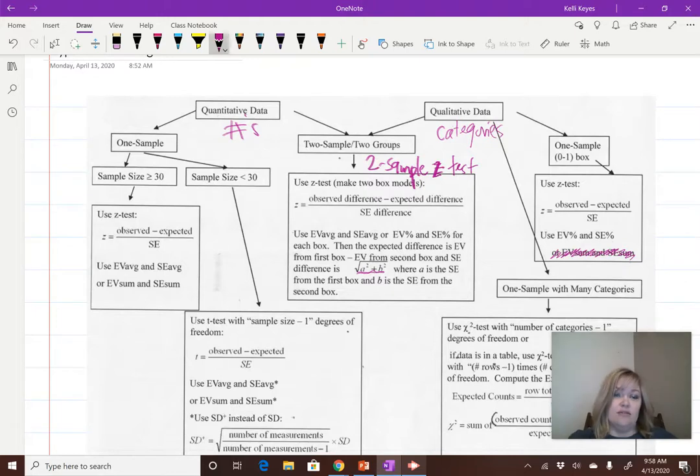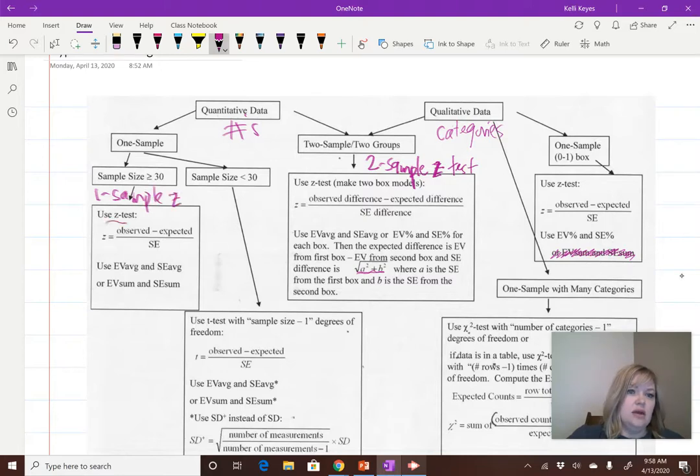If you have quantitative data, you need to look at whether you have 1 sample or 2 samples. If it's 2 samples, then we go back to this 2 sample z-test. If it's 1 sample, then we look at the sample size. If the sample size hits our magic number, which is 30 or higher, then we can use the normal curve, and it's a 1 sample z-test.